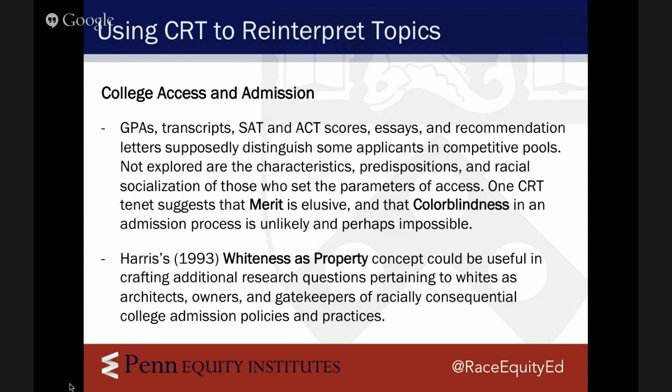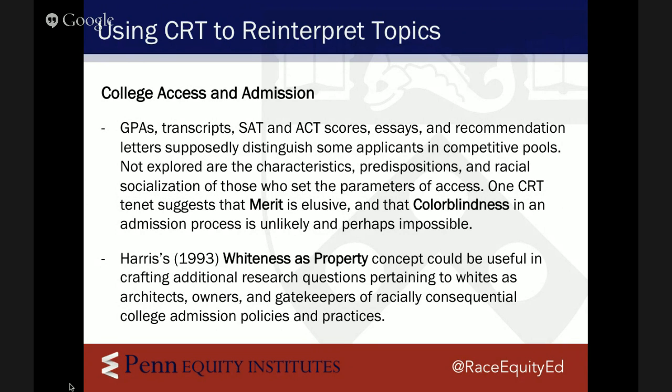Going back to Cheryl Harris's Whiteness is Property, that concept could be useful in crafting additional questions pertaining to whites as architects, owners, and gatekeepers of racially consequential admissions policies and practices. We know for sure that the overwhelming majority of our colleagues who work in college admissions are white. People who set college admissions policies are white.